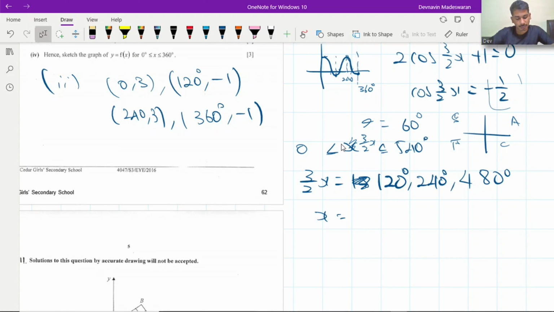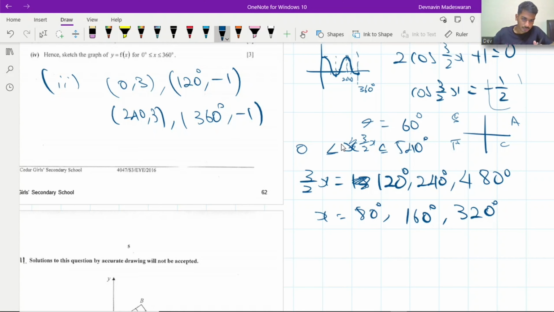Okay, and then x is going to be 120 divided by 3 times 2, 80 degrees. 240 divided by, yeah, it's just 2 times of that. So it's going to be 160 degrees. And then 480 divided by 3 times 2, 320.